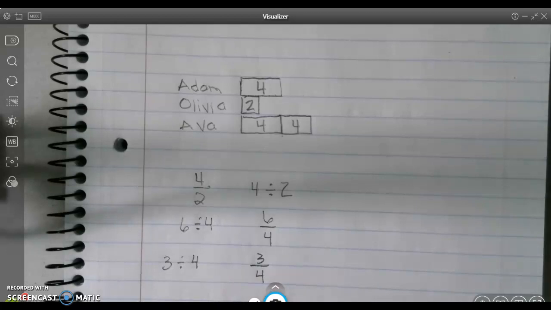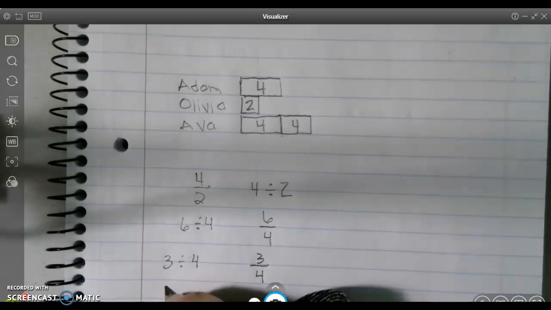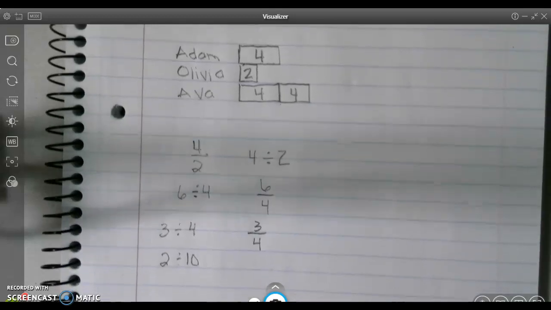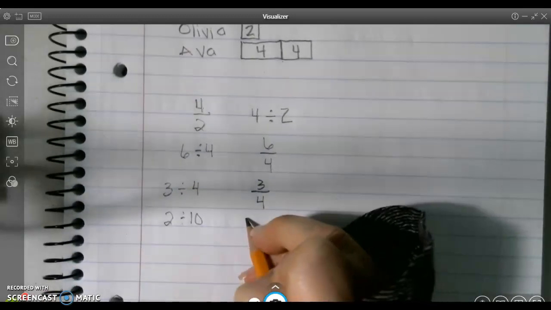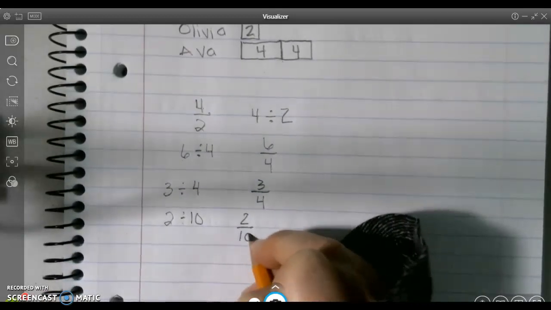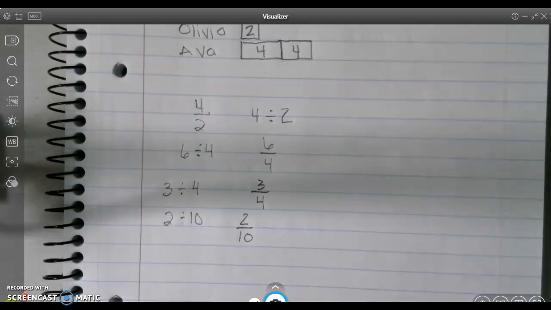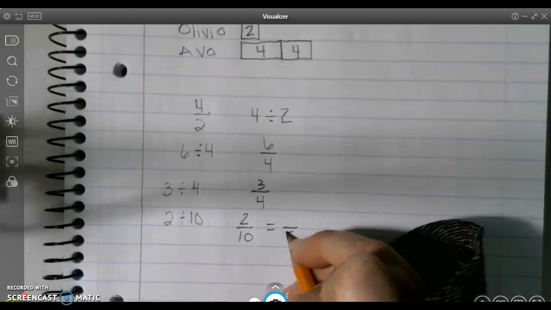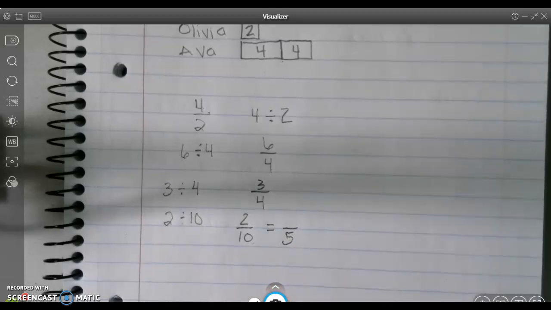If I said 2 divided by 10, what would you guys write? That's right, 2/10. What about if I ask you to rename this fraction, making it into fifths? Could you do that?